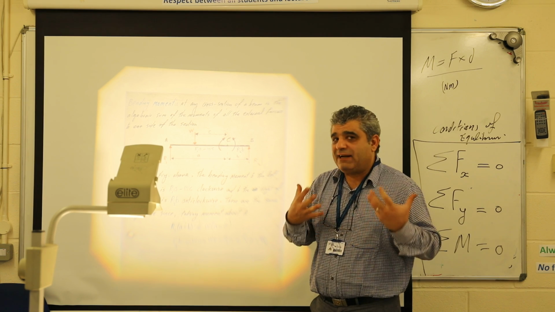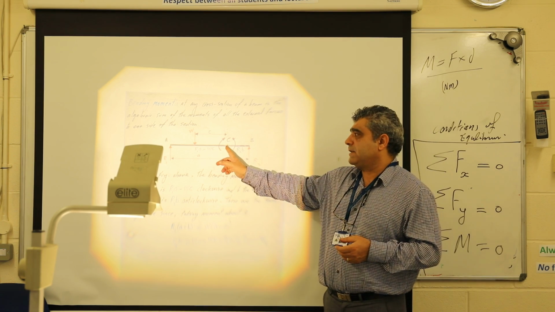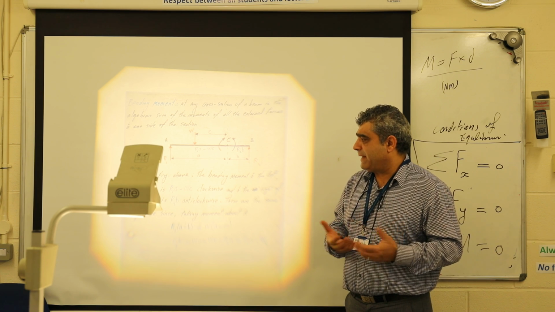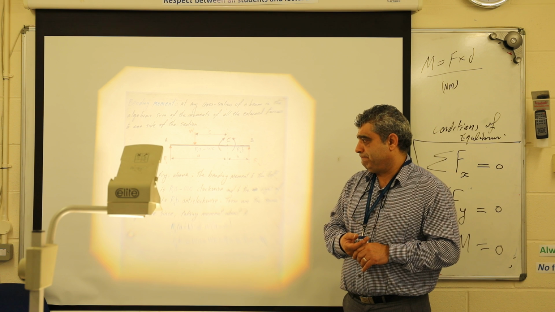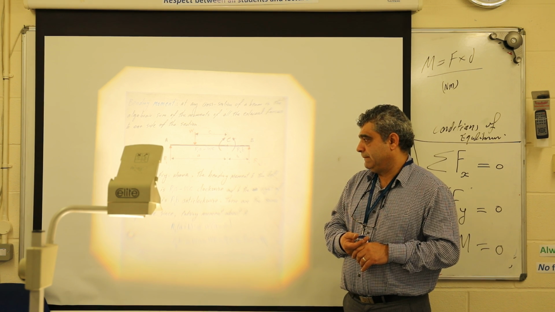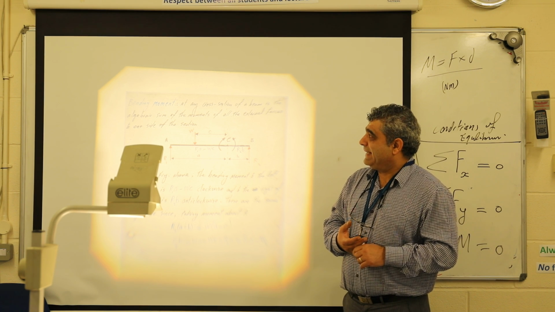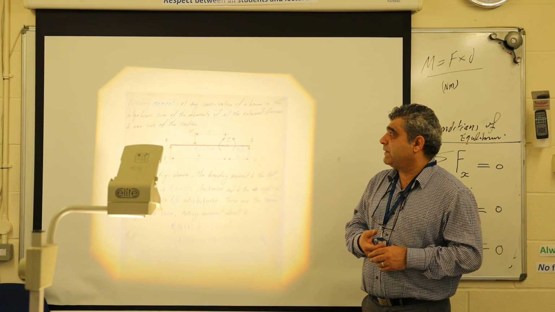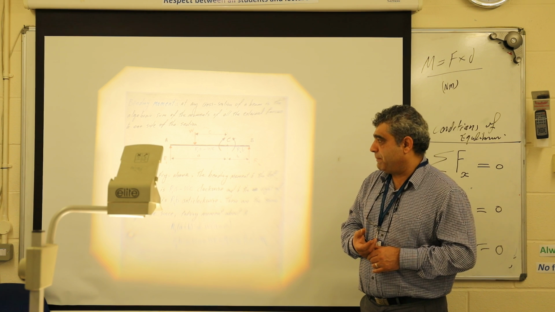In order to calculate the bending moment, as you can see here, I start with the point C and do some calculation regarding the moment, at any cross section of the beam, the algebraic sum of the moments of all the external forces to one side of the section of the beam.